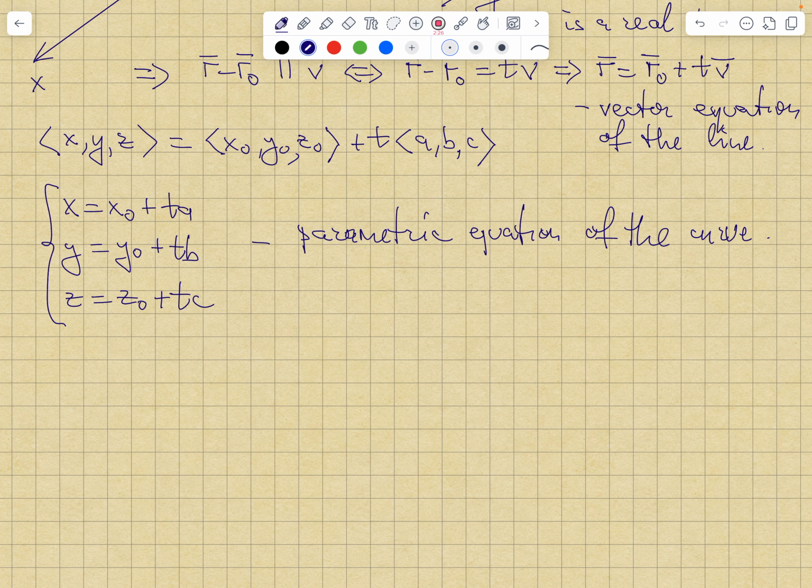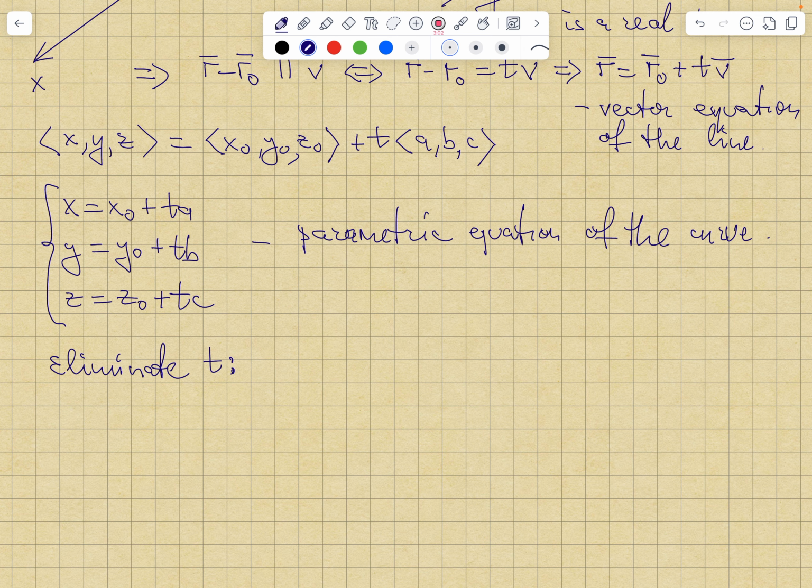Notice that this is not like a situation in 2D, where the equation of a line connects different coordinates. In this case, you have four variables, x, y, z, and t. So what you can attempt to do is get rid of t, and you'll get equations that do not involve time.